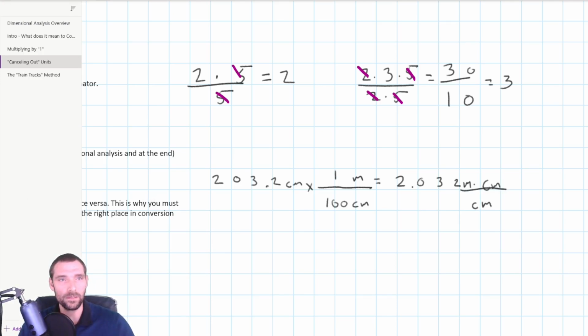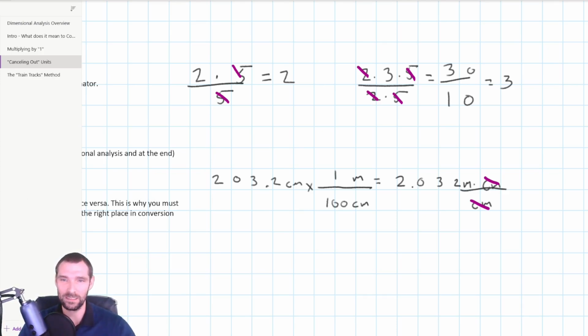And just like we did with the numbers, we can cancel out what's in the numerator and the denominator. This only really works when you use a conversion factor. You could multiply other numbers and then it wouldn't cancel, and then you'd be left with something that doesn't work.